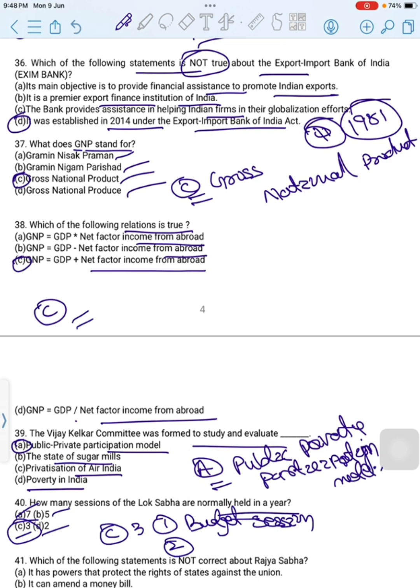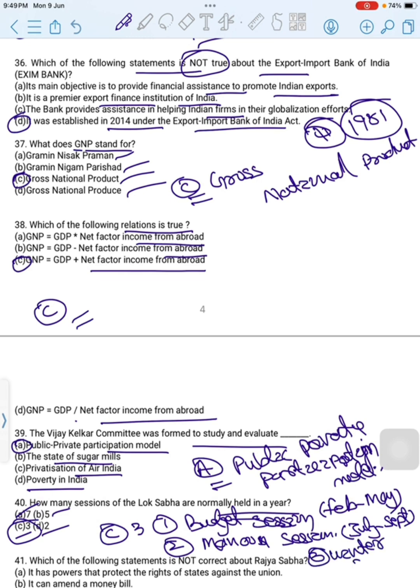Second is the monsoon session, July to September. Last one is the winter session, November to mid-December.